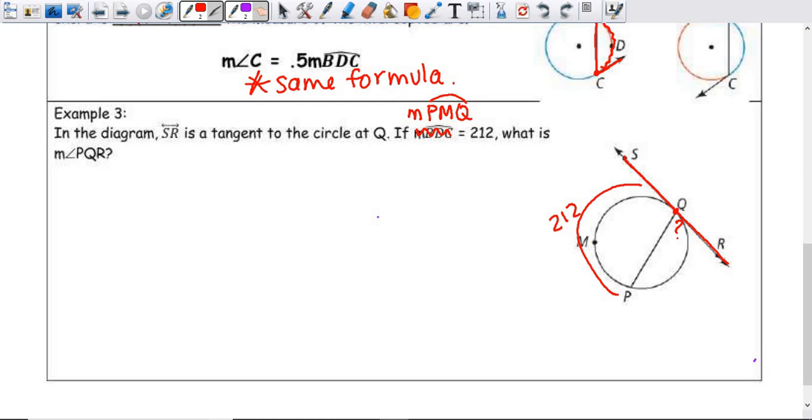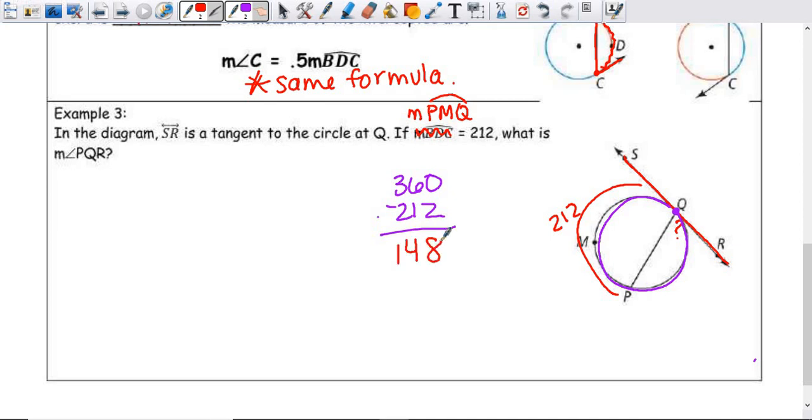So for one, when we have a tangent line, since it intersects at just one spot, all the way around the circle, meaning back at the spot, is going to be 360 degrees. So 360, oops, not divided. We're going to subtract 212. And we get 148.